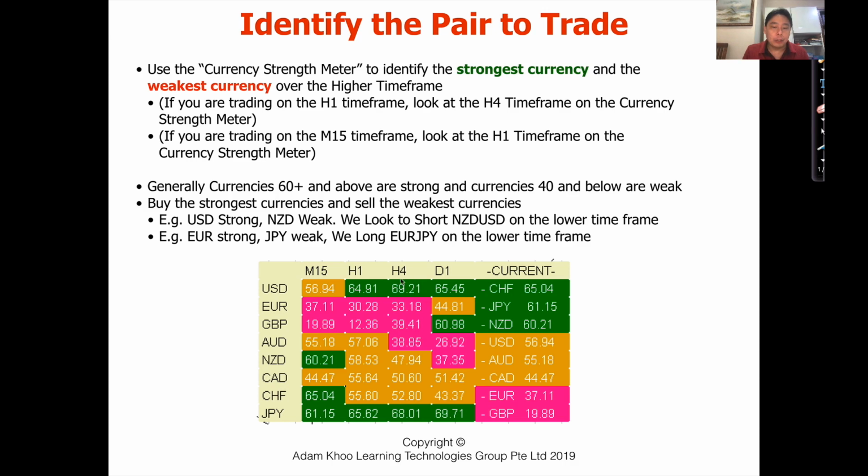The first combinations would be, again, buying the strongest and selling the weakest at the same time, right? So we're looking at Euro dollar. Let's first write down the pairs.